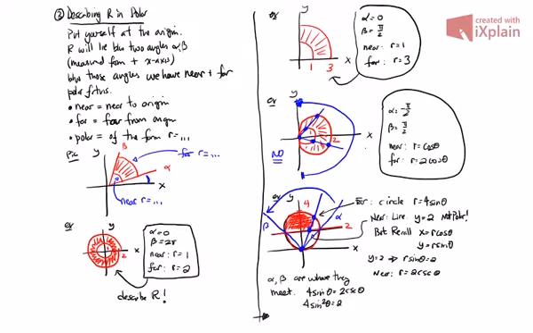So sine squared theta is 1/2. So sine theta is plus or minus root 2 over 2. And this happens at angles of pi over 4 and 3 pi over 4.